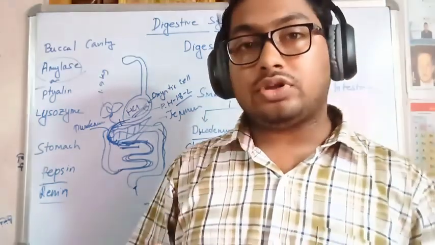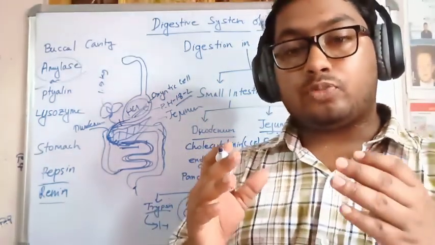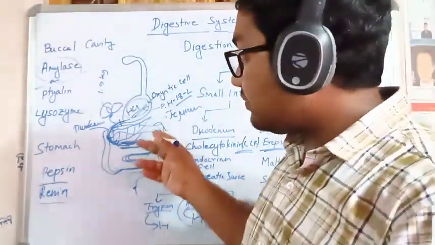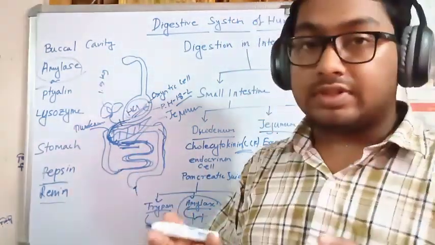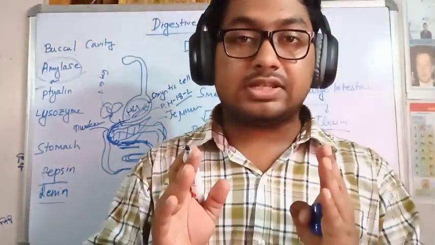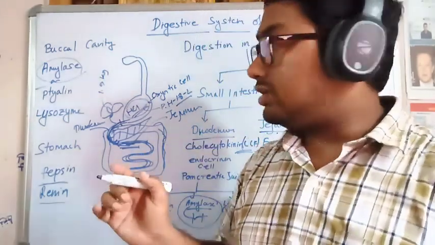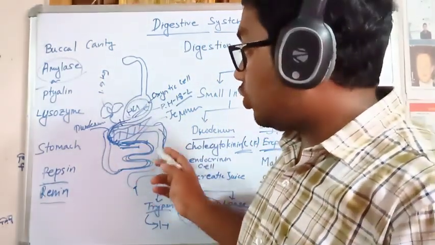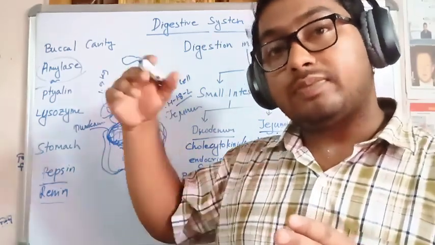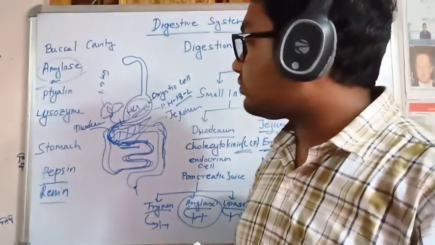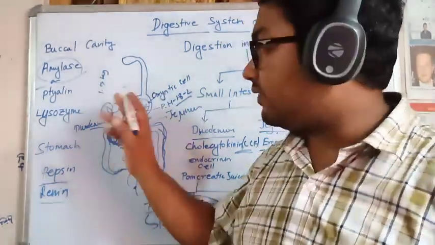Heparin helps prohibit blood clotting inside our body. Okay, remember the name, heparin prevents blood clotting, and fibrinogen helps blood clotting. So that's how the liver works.